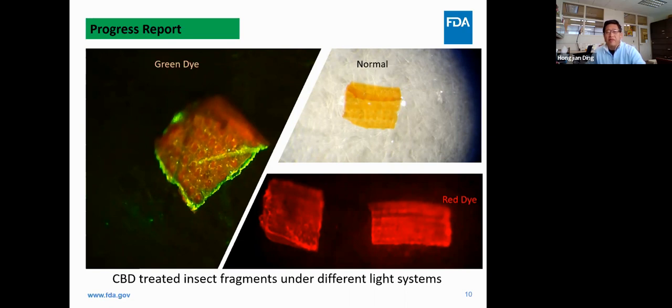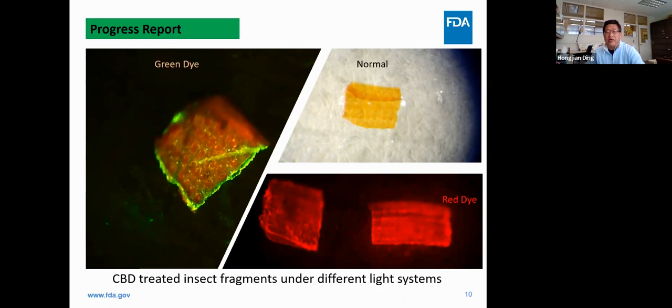You can see that only the broken area becomes green, and some points. So we know the chitin probe can label the insect fragment. And if we let them go through acids, as in normal food digestion, which destroys the layer on the surface, you can see the whole electrode is labeled by the chitin probe.